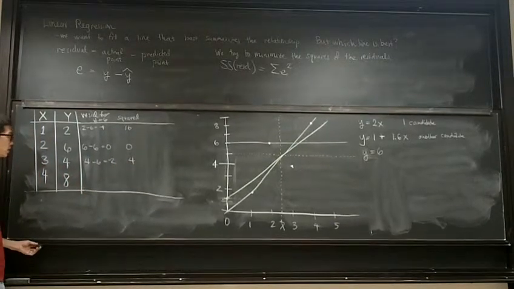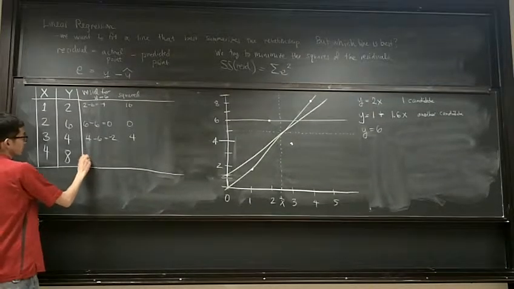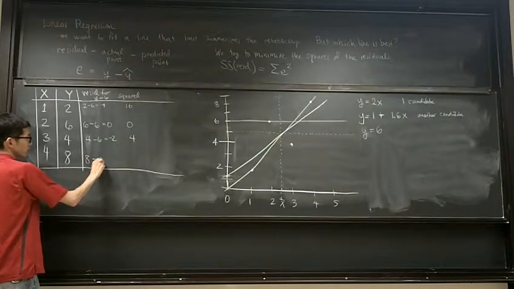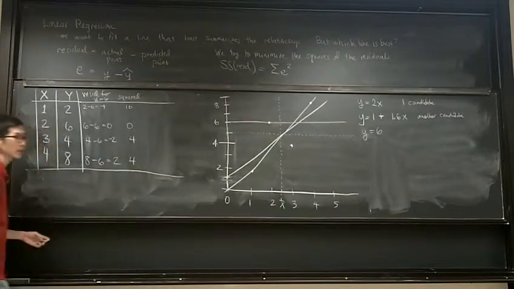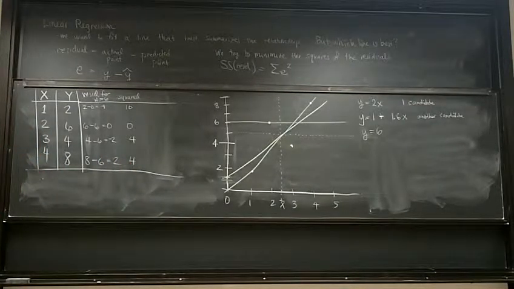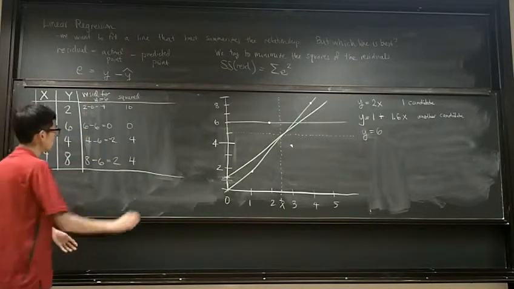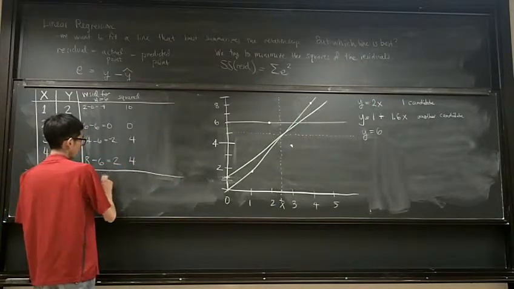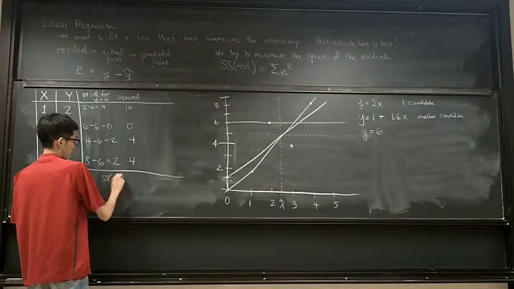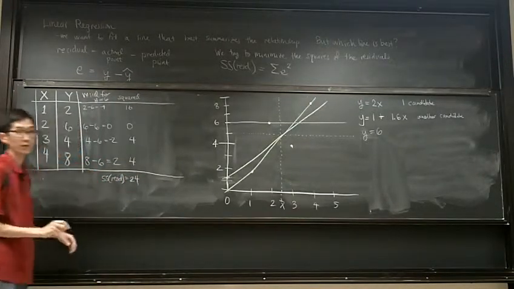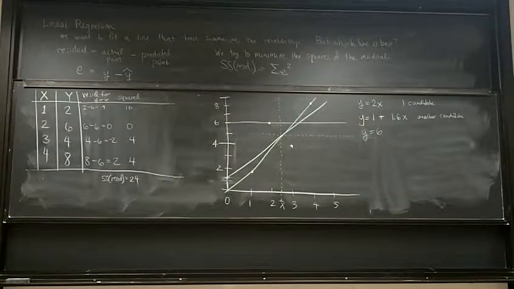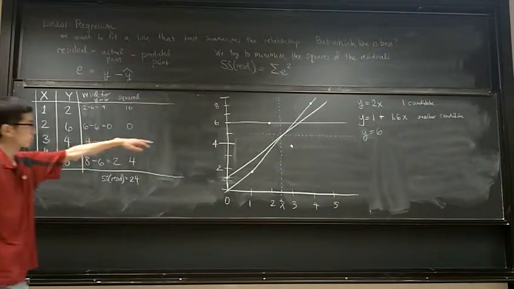And here, my actual point is 8. I predict 6. I get 2, I square that, and I get 4. And so my sum of squares residual equals 6.